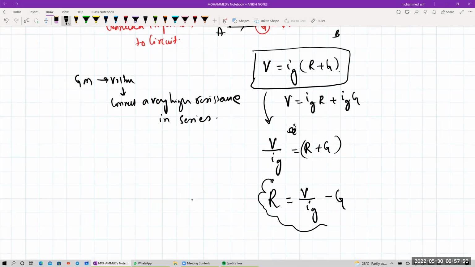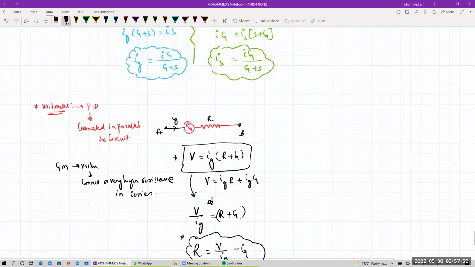Yes, sir. These are the relations you need to remember for converting a galvanometer into a voltmeter and a galvanometer into an ammeter. Sir, go through the ammeter. If you have any doubt, please let me know.